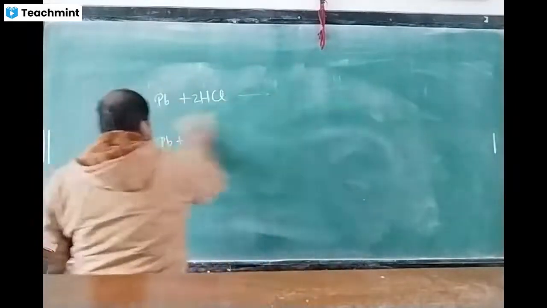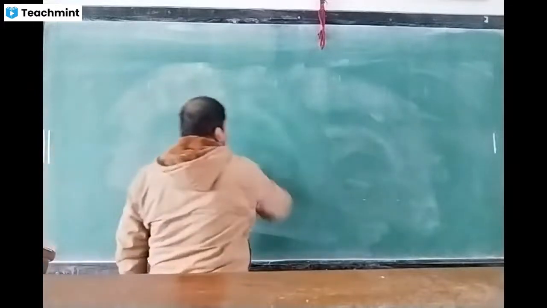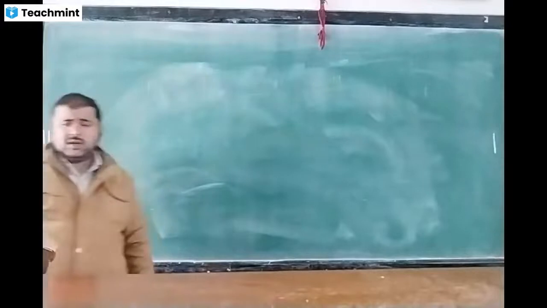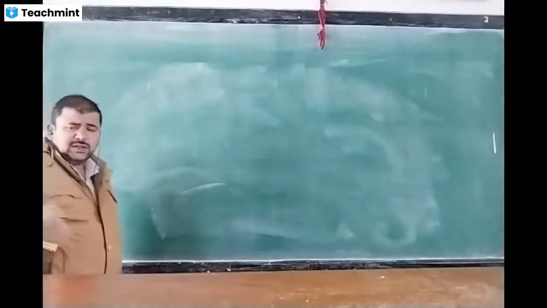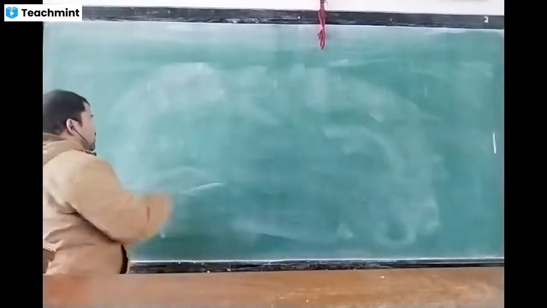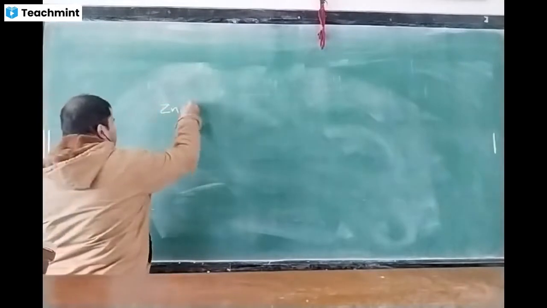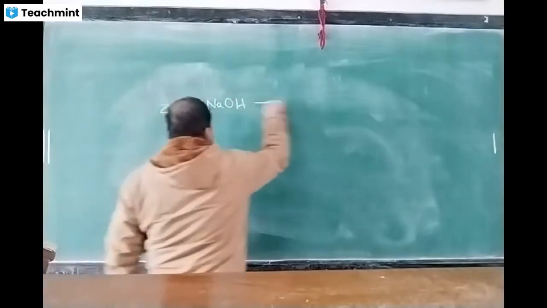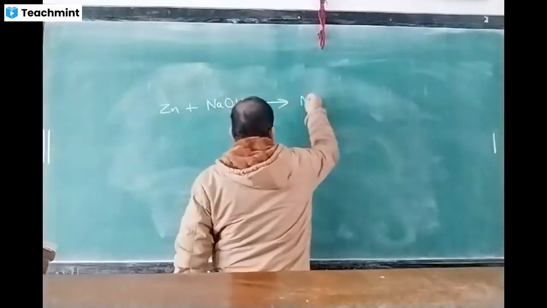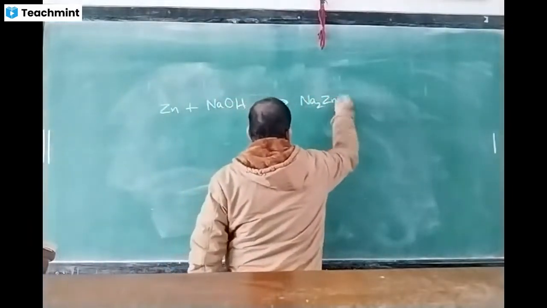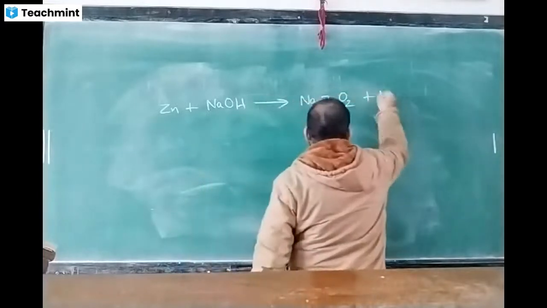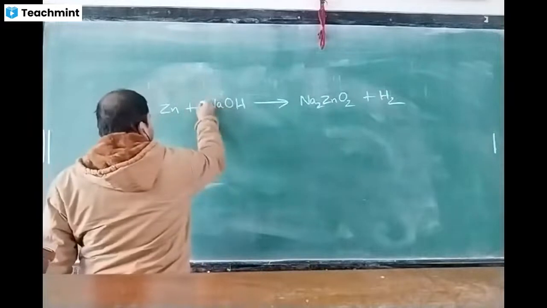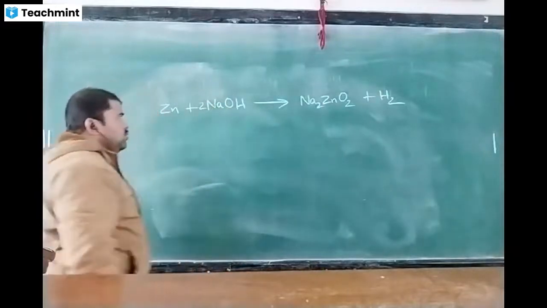So hydrogen gas can also be prepared by using alkalis with metals, and only a few metals work here: zinc, lead, aluminium. When zinc reacts with sodium hydroxide, NaOH, we get sodium zincate, Na2ZnO2, plus hydrogen gas.